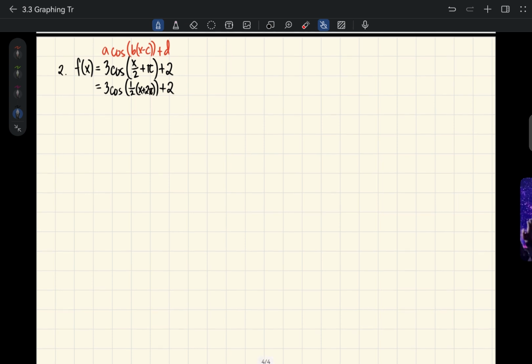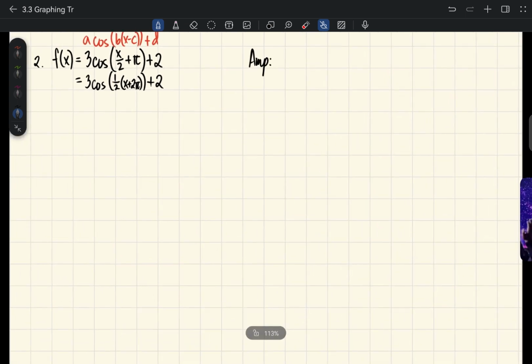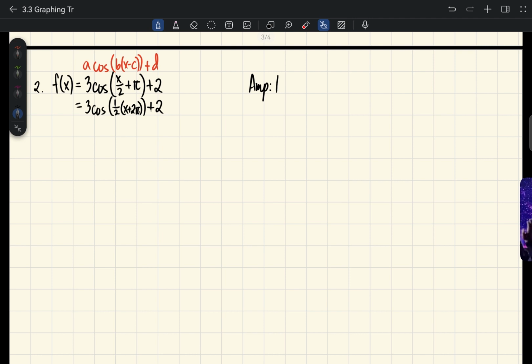So from this one, we have our amplitude, which is the absolute value of a. So that's the absolute value of 3, which is equal to 3. Then for the period, that's 2 pi over b. So that's 2 pi over 1/2, which gives us 4 pi.